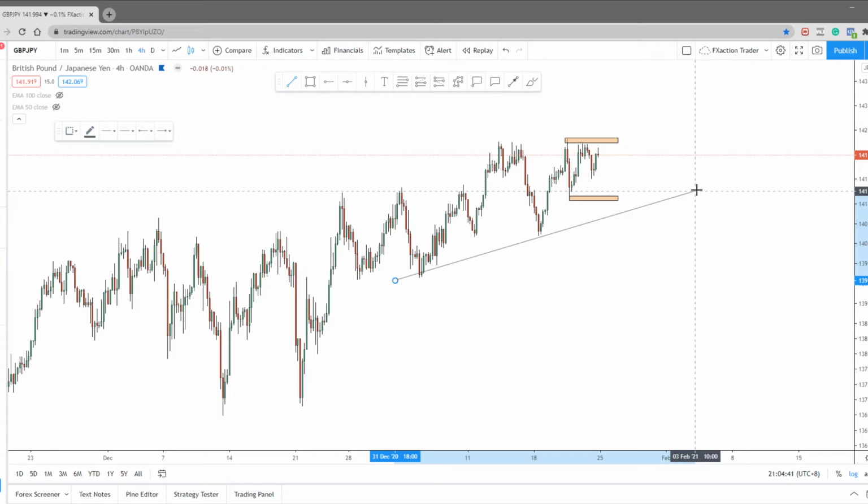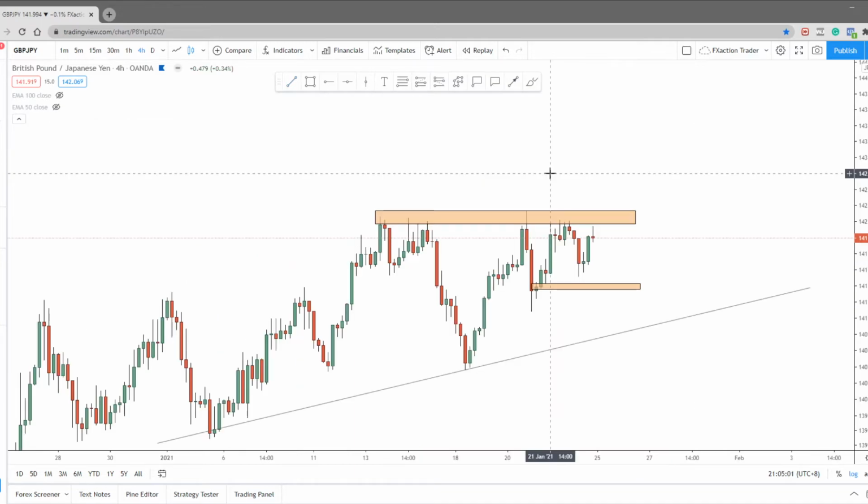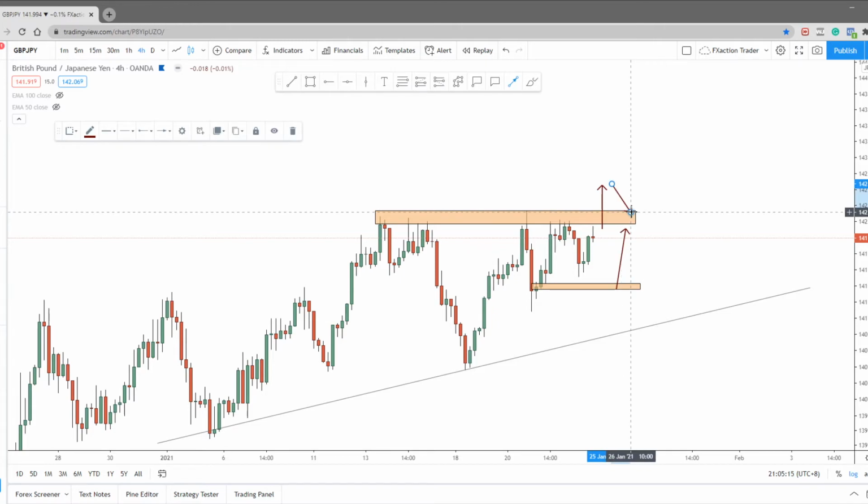The best level I'm going to look for a buy trade is either the market pulls back to the previous higher low here, or the market breaks out of this resistance level, pulls back, and from here I'm going to add, or scale down to a lower time frame to look for a buy entry.